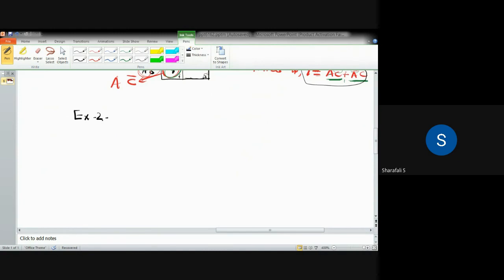So example 2, simplify the expression. Okay, consider simplify Y equal to A bar B bar C plus A B bar C plus A B plus A B bar.